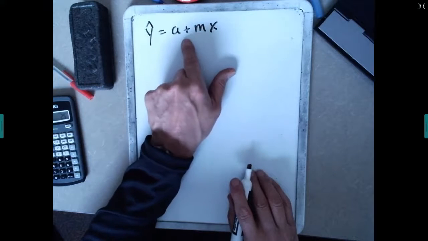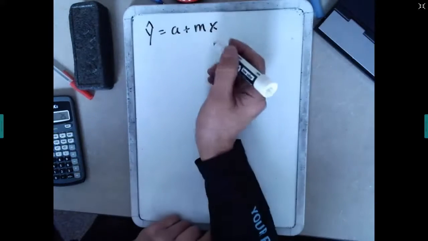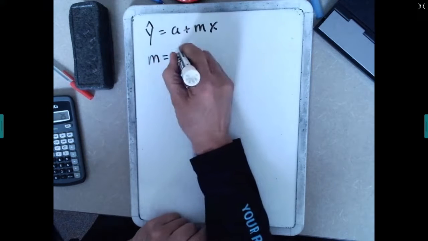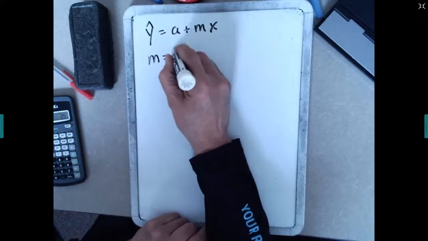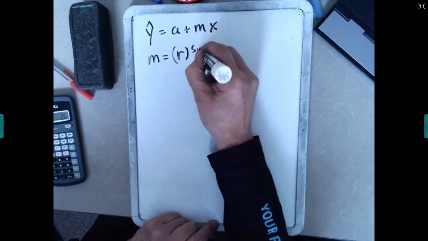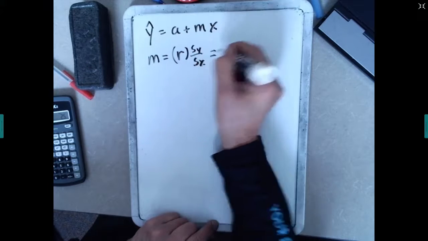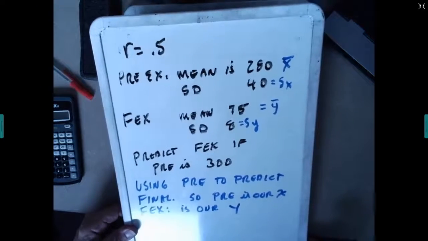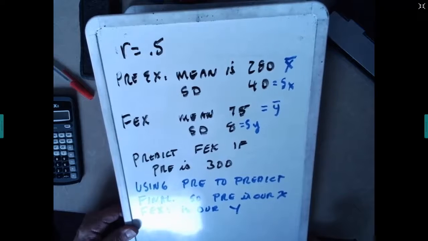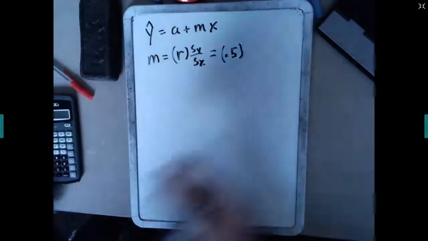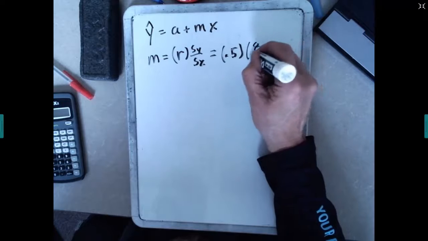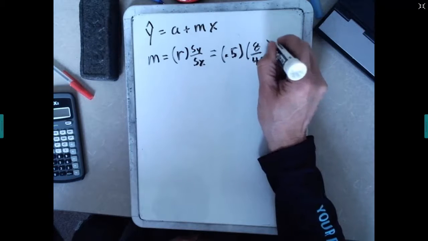You need to figure out the slope and the A. The first thing you do is remember that the slope is given by the regression coefficient times Sy over Sx. In our case, by the data, it was 0.5. Your Sx is 40, your Sy is 8.